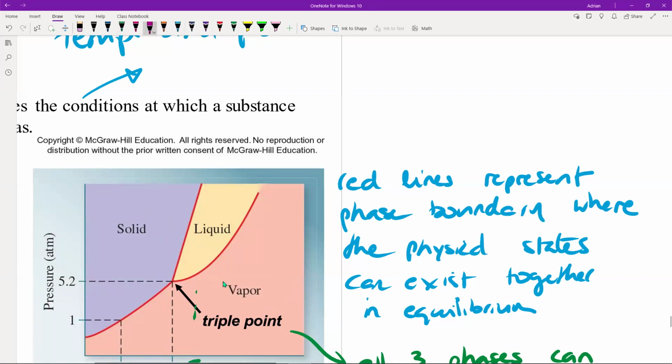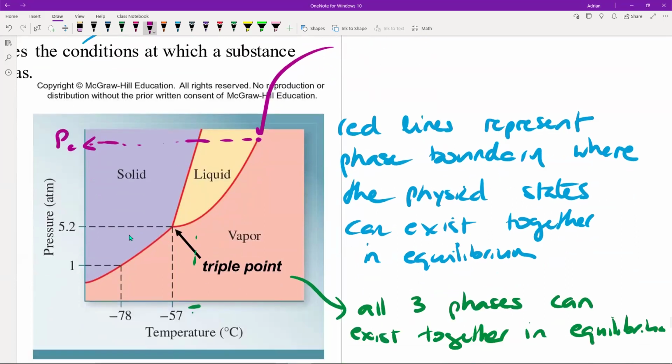And that's this region right here. And we refer to that as the critical point. And at that critical point, we have two important values. We have what's known as the critical pressure, so P subscript C. And we also have the critical temperature, T subscript C.